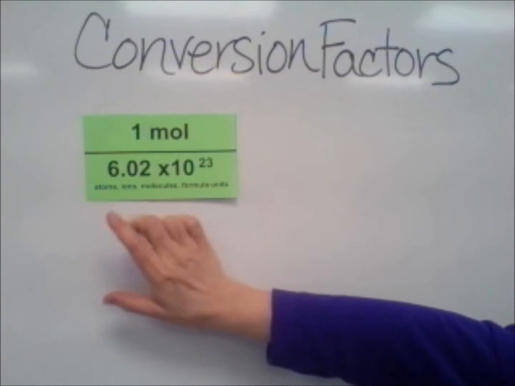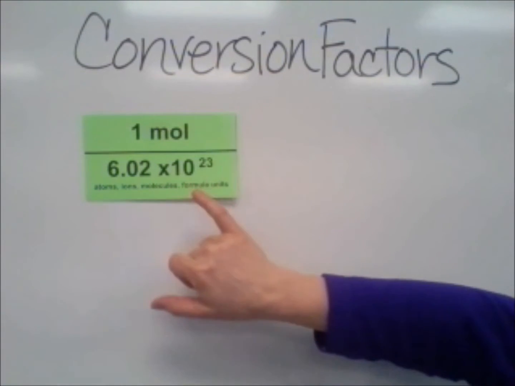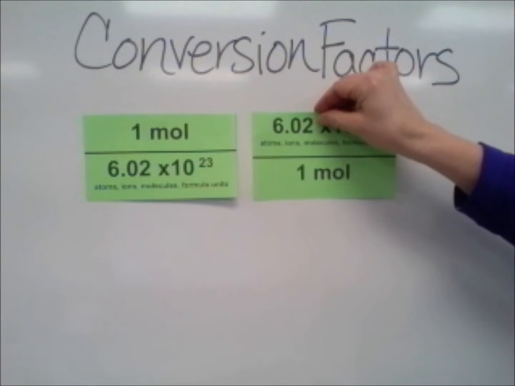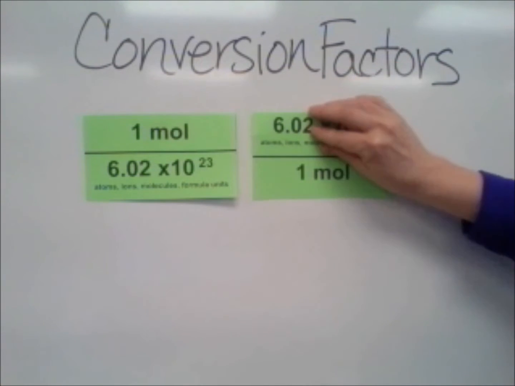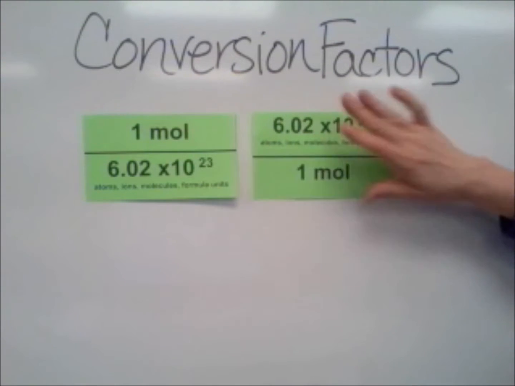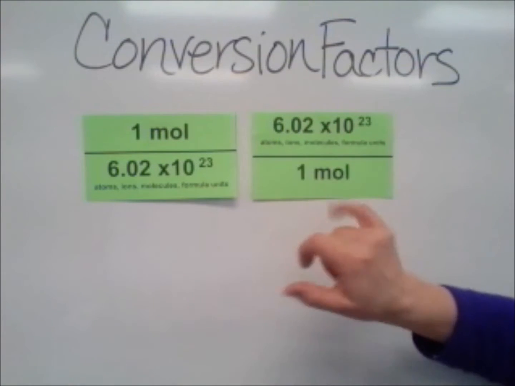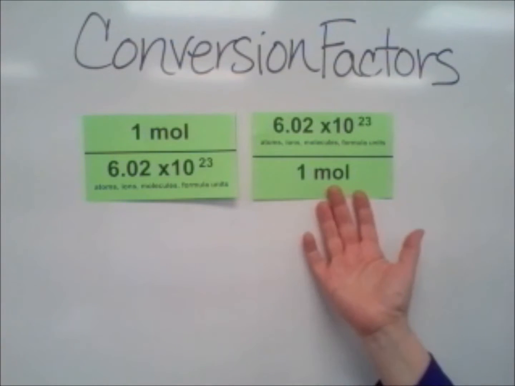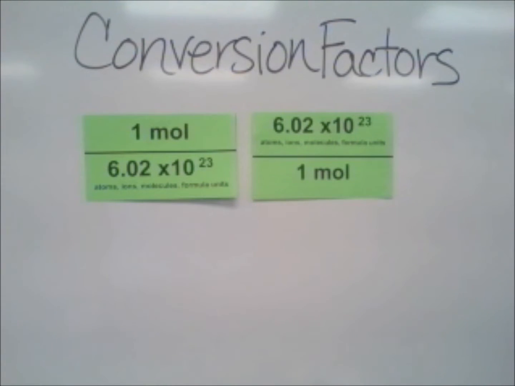We can pick atoms, ions, molecules or formula units. But depending on what it is that we're trying to solve, we can also take that conversion factor and flip it over. So we can put the 6.02 times 10 to the 23rd on top and the 1 mole on the bottom, depending on what type of problem we're going to solve.